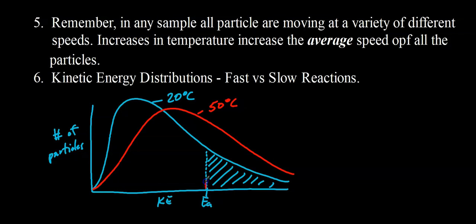Again, we take our activation energy, extend it up to the curve, and shade under the red curve. What do you notice? The area under the red curve is greater than the area under the blue curve, which tells us that at 50 degrees Celsius, a greater number of particles have enough energy to react. Because of that, the reaction will be faster at 50 degrees Celsius than at 20 degrees Celsius.